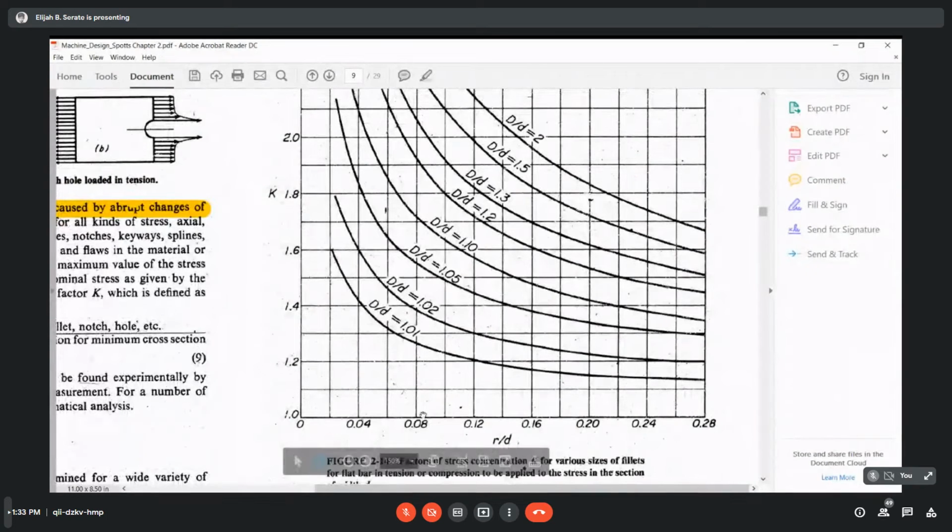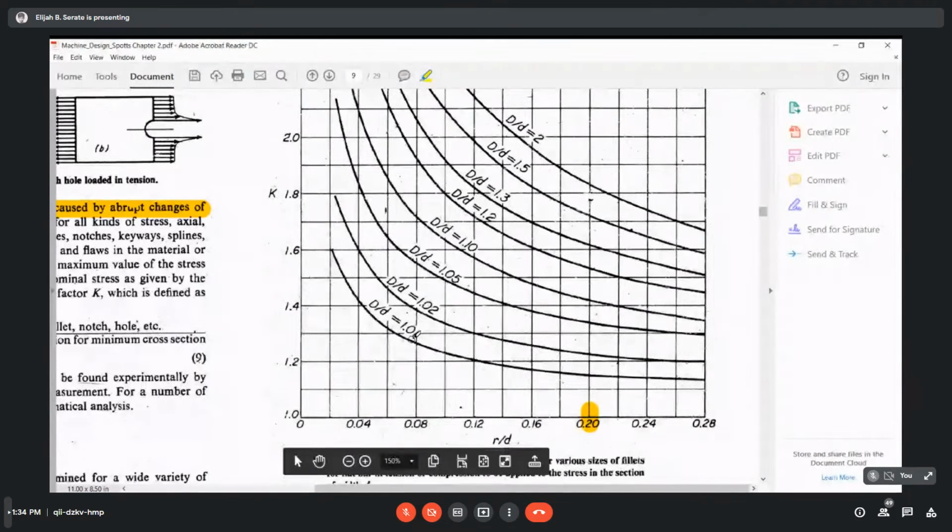According to our computation, R over D, the small letter r over small letter d, is 0.2. So it is somewhere here, 0.2. And then your capital D over small letter d is 1.8.